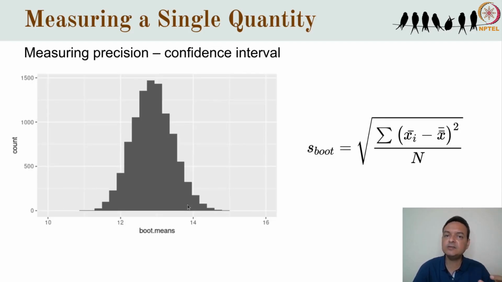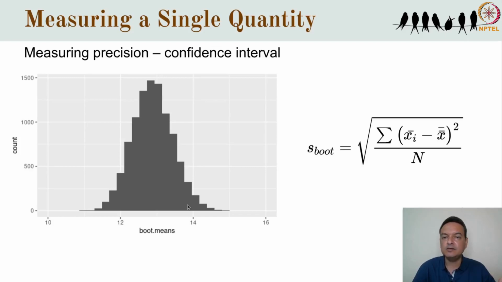So how does this distribution of bootstrap means help us in determining the precision of our original estimate? That is, how closely the sample mean is likely to be to the population mean. Well, it depends on the width of the distribution of bootstrap means. So then how can we characterize the width of this distribution? We can do so exactly the way we did so before, when we were talking about the distribution of the raw data rather than the distribution of bootstrap means.